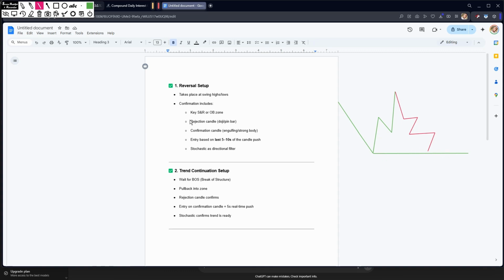Then I look for confirmations, and the confirmation I look for is, before I enter the trade, I would wait for a reversal pattern that would give me the confirmation that price is now ready to move upwards. The price wants to start moving upwards, and the confirmation is this reversal pattern.